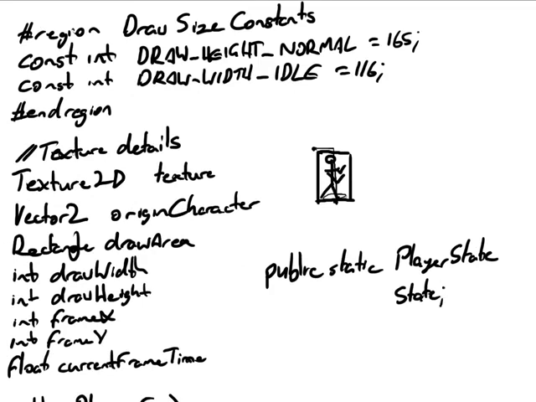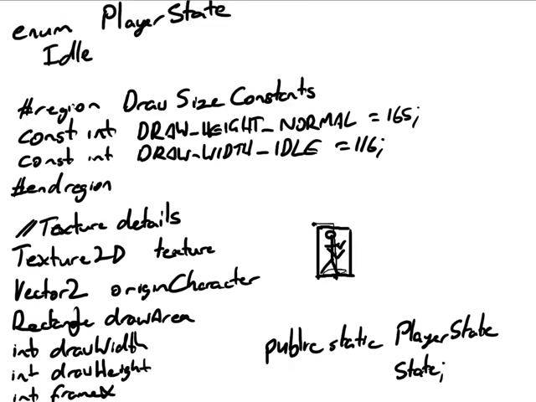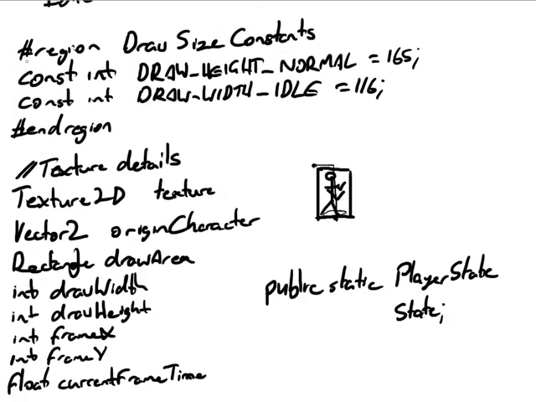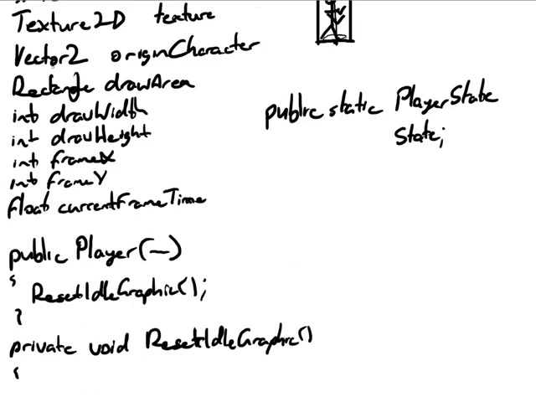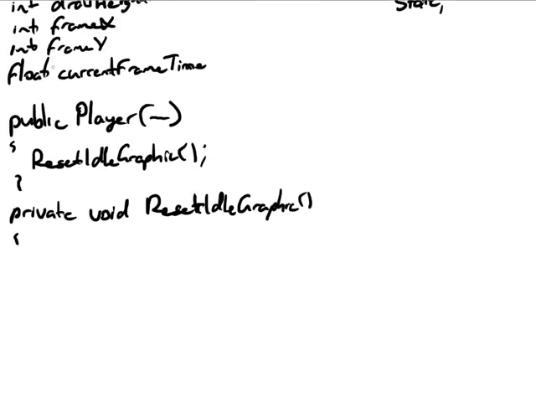Sorry, I should have written that back up here before texture details, but I forgot about it. So, our player state is just going to be taking care of which state our character is currently in, which, in our case, there is only one for idle. There's going to be more and more added in as we go. Same with our draw size constants. So down here in our reset idle graphic, what do we do?